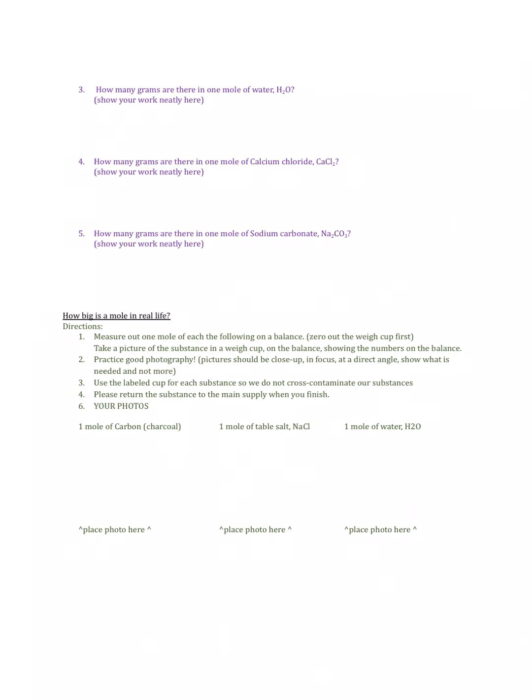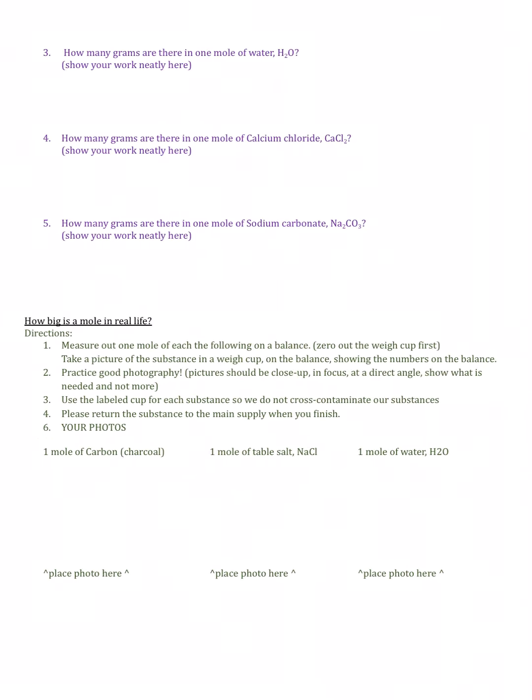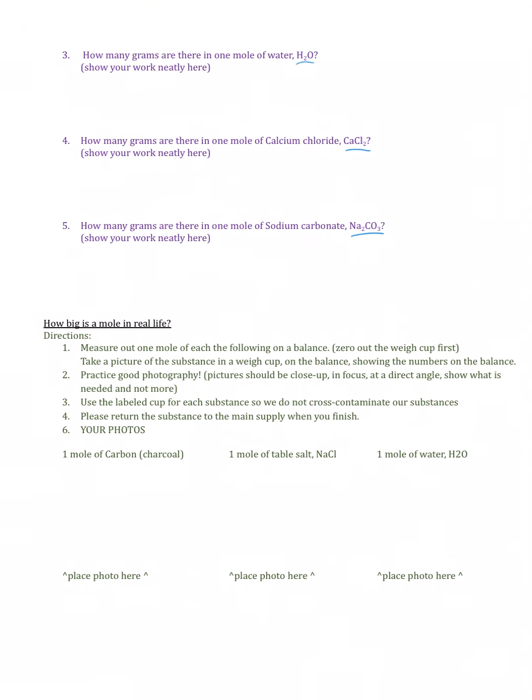Oxygen is 15.999. It's doable, but the question is, how many grams are there in 1 mole of water? Do the same thing. How many grams are in 1 mole of calcium chloride? Do the same thing. How many grams are there in 1 mole of sodium carbonate? Do the same thing. So we went through and calculated them.